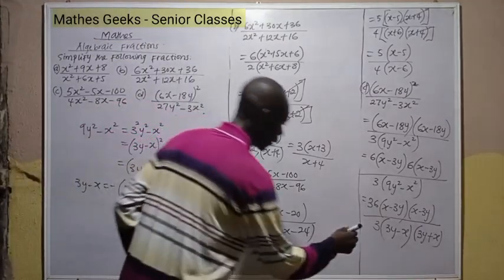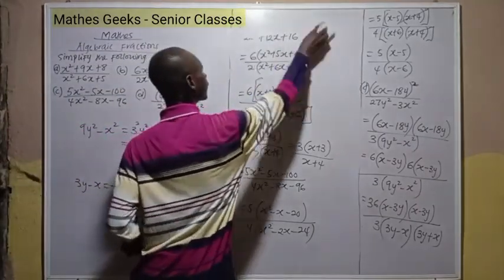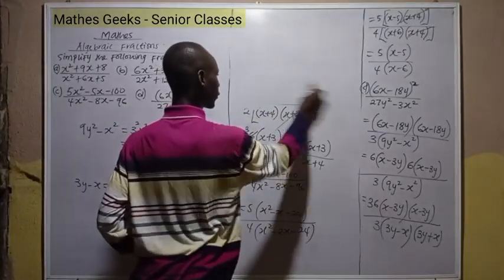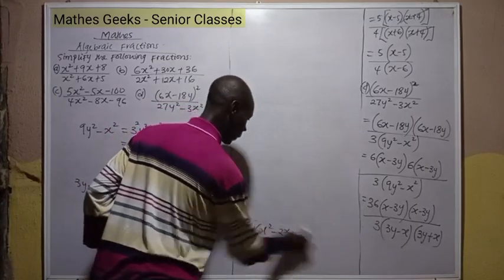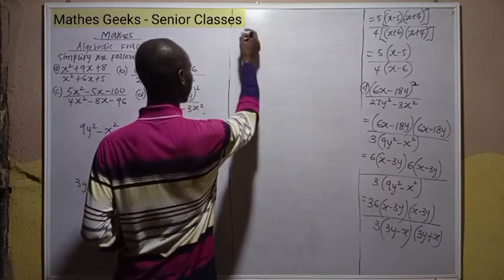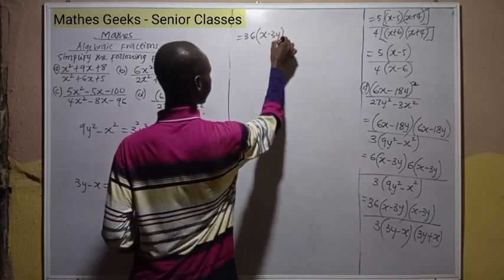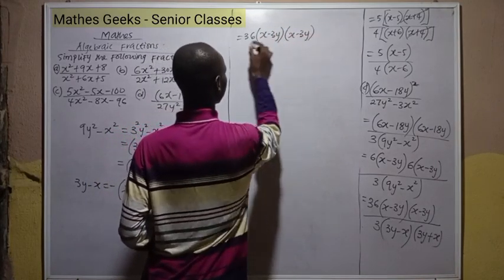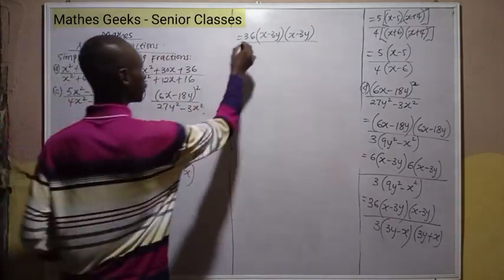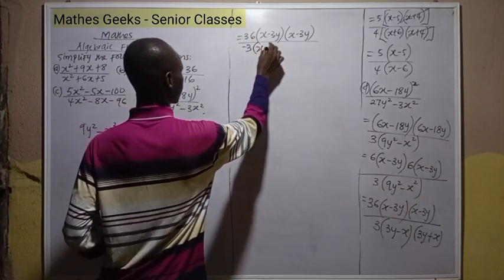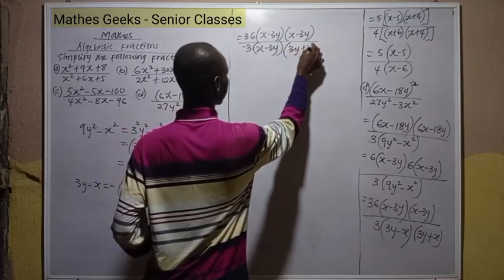So if you change it, okay, let me wipe this part. This is equal to 36 times x minus 3y times x minus 3y over 3, and because of the negative sign, it's going to be minus 3 times x minus 3y, and here 3y plus x.